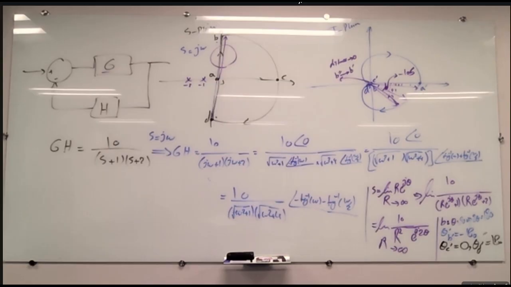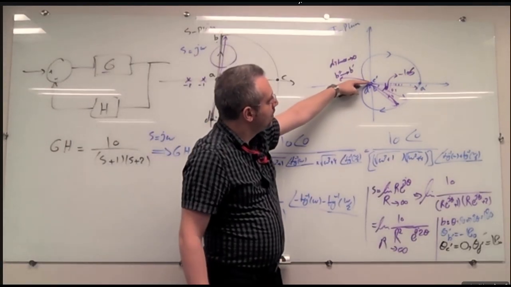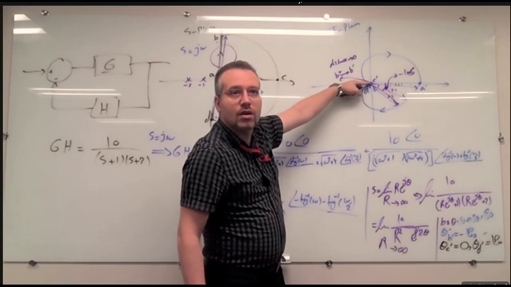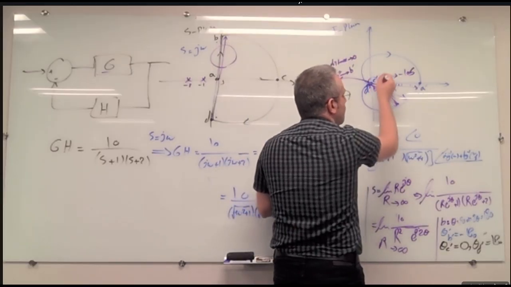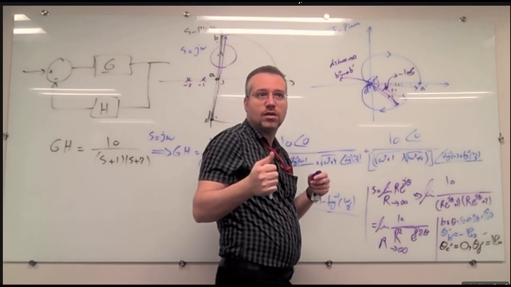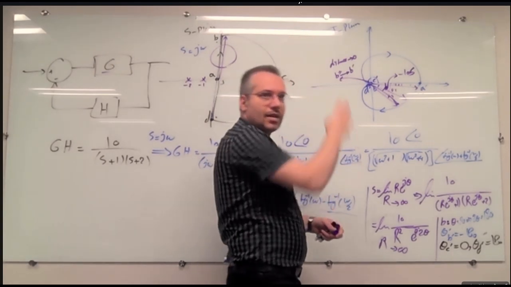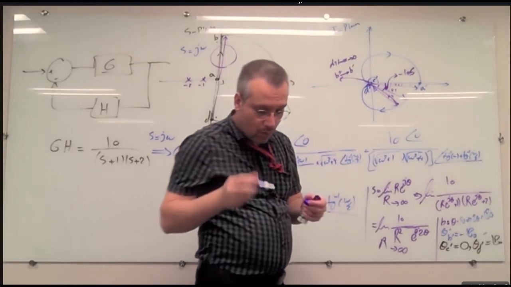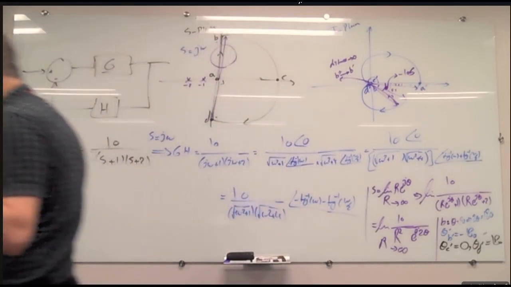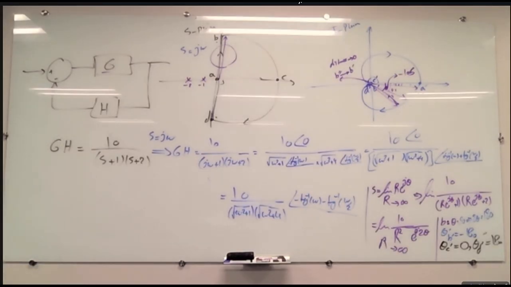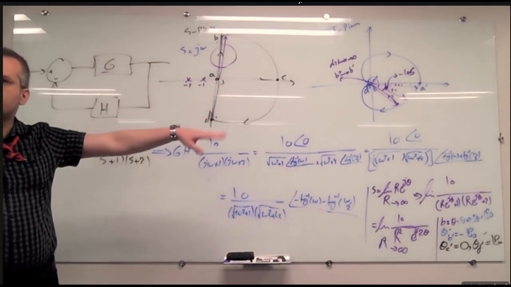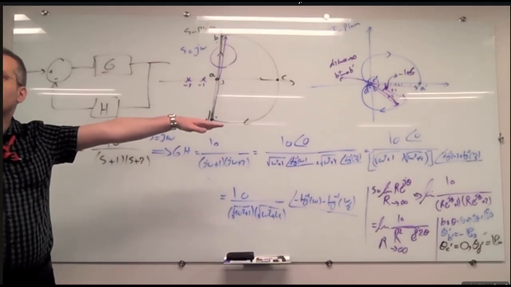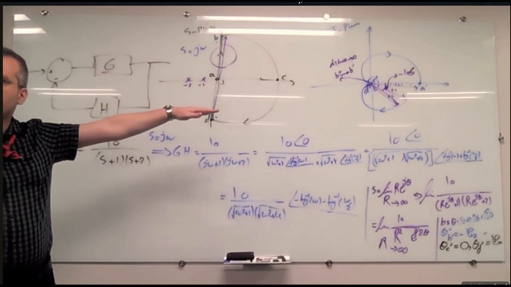So if it leaves the D at 180, that means the trajectory when leaving should touch the real axis with 180 degrees. So this is 180 degrees, right? So it should touch the real axis and then leave. Now, one thing, the same characteristics that Nyquist had: whatever contour you have, it is symmetric with respect to the real axis.